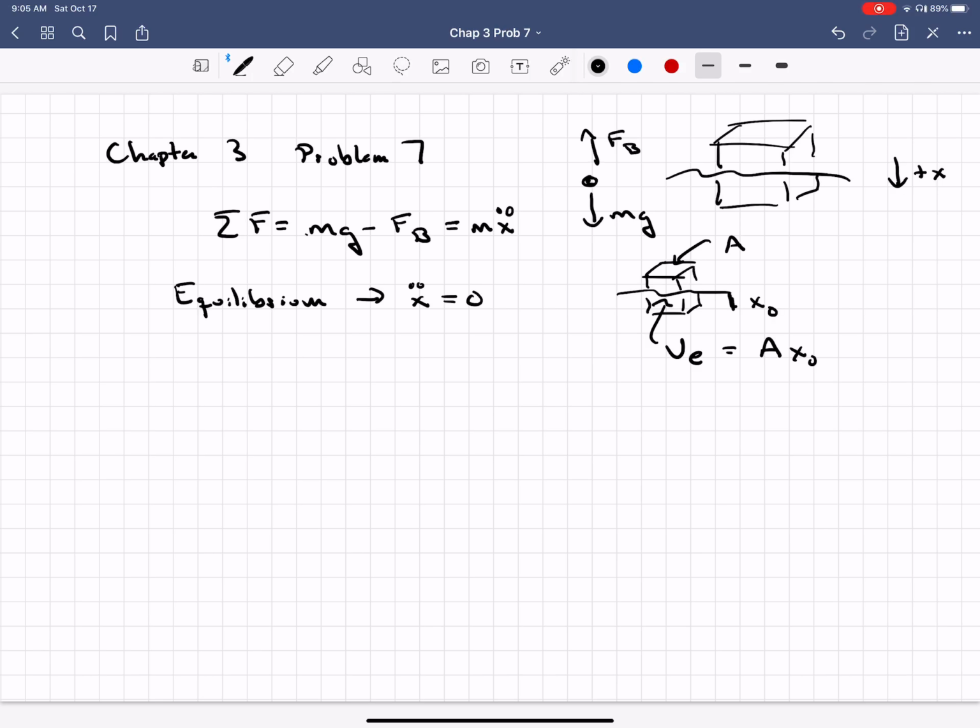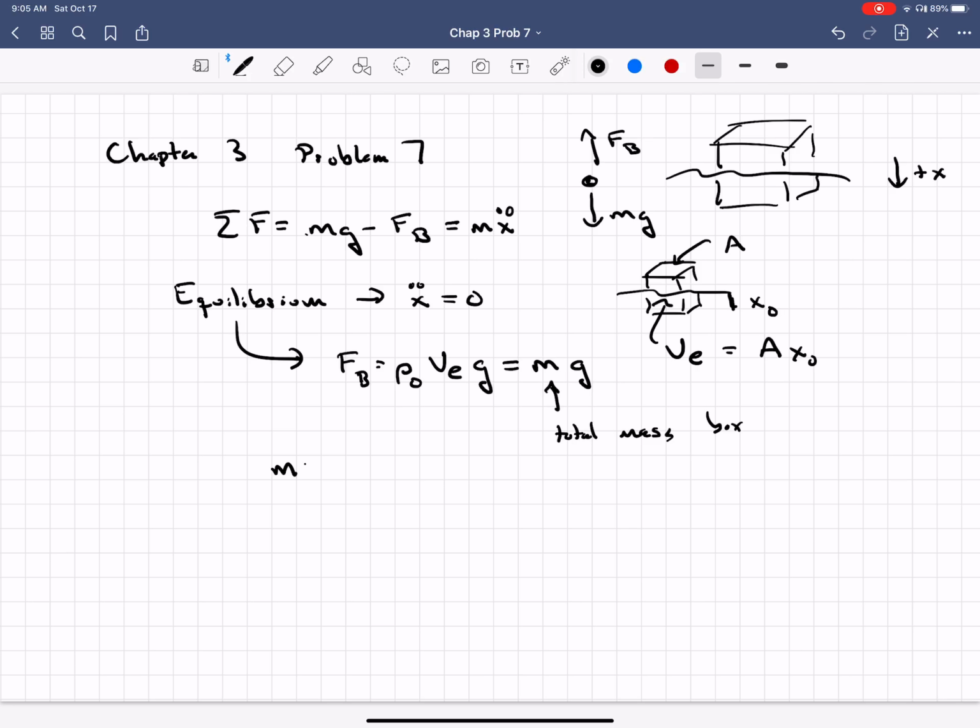Now, the force of buoyancy is the weight of the water displaced. So that would be rho 0, V in equilibrium, times g, and that's going to be equal to mg, where this m is the total mass of the box. I'm going to use this in two different ways.